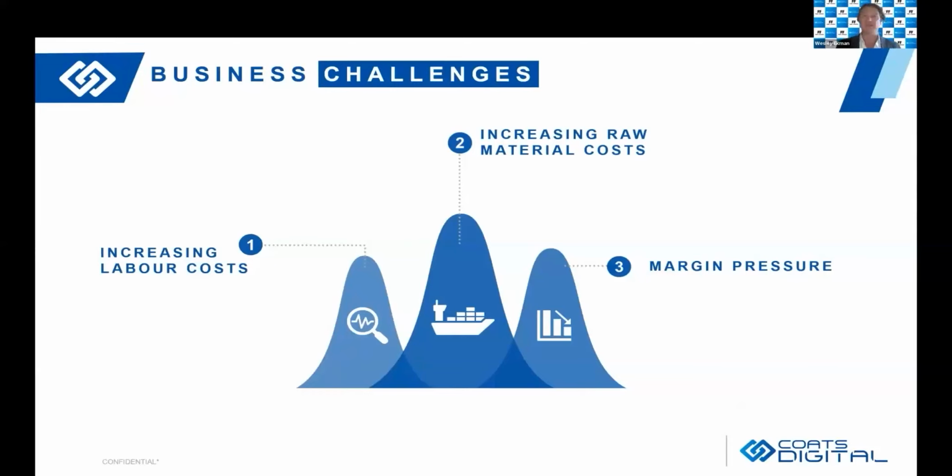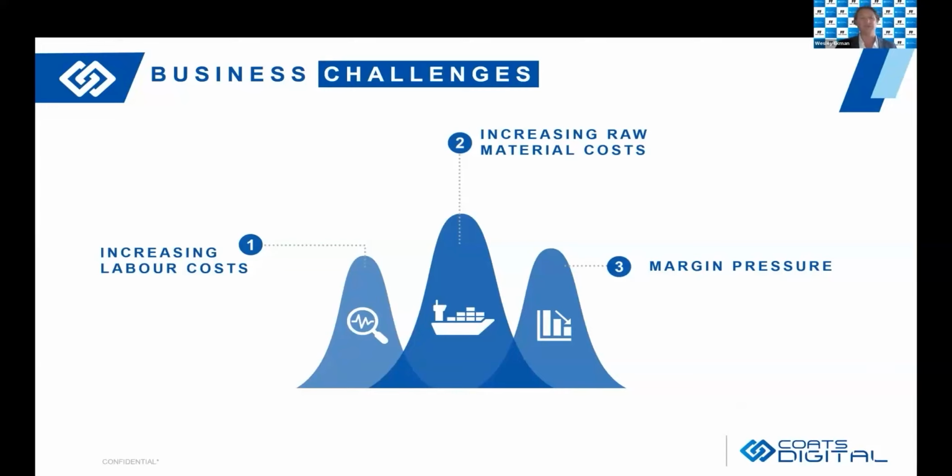We've seen increasing raw material costs, largely based on the supply chain constraints and the increasing supply chain costs. And of course, prices typically don't move too far upwards in the clothing industry, within retail, so there is always margin pressure.